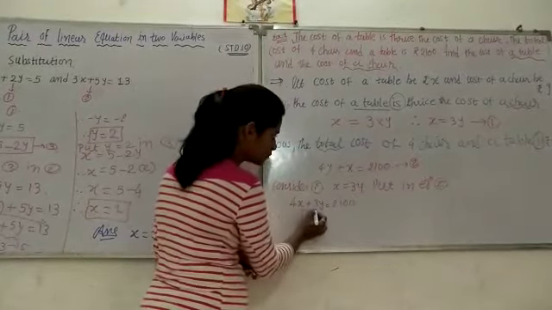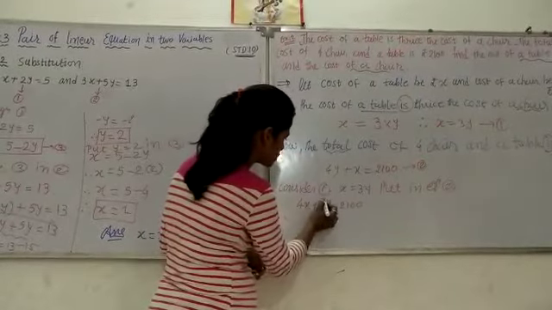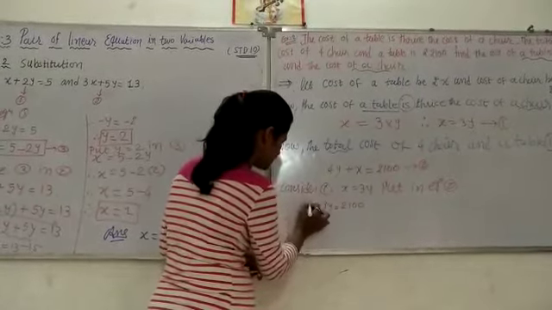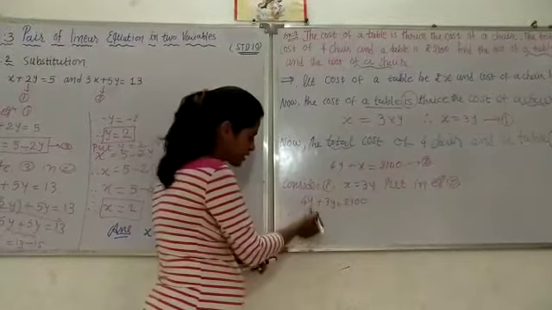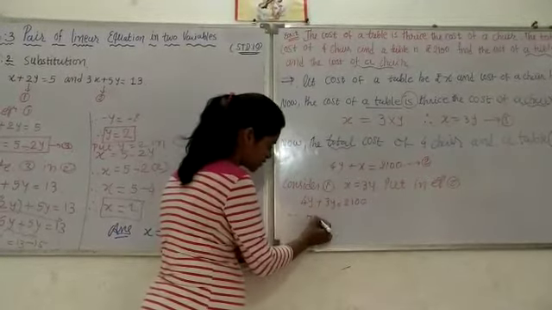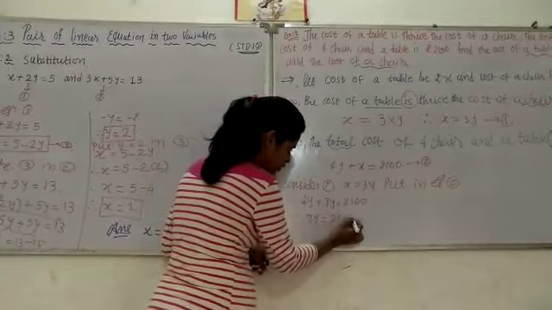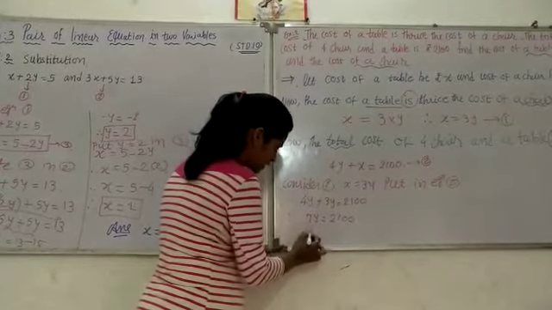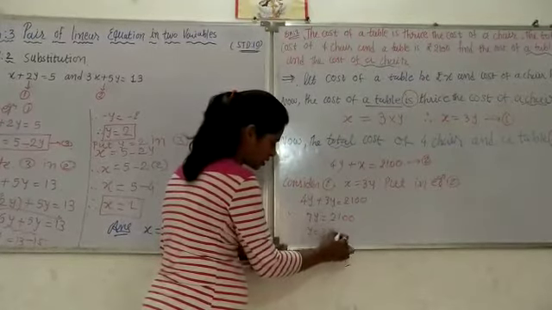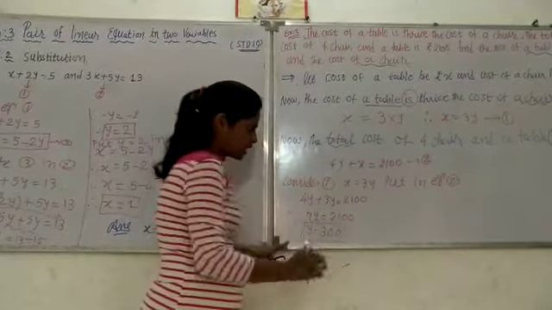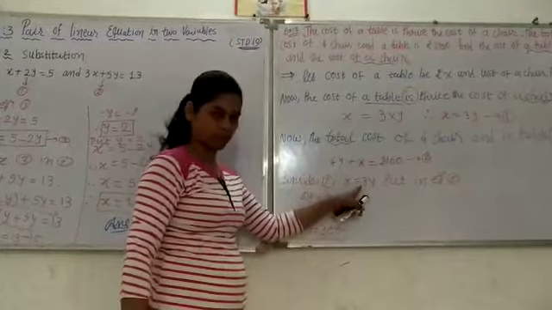Sorry, this is 4y. Okay. So plus, plus, this is like terms, so its addition is possible. So this becomes 7y is equal to 2100. So y is equal to 2100 divided by 7. That means 300. After getting this value, you should put here.